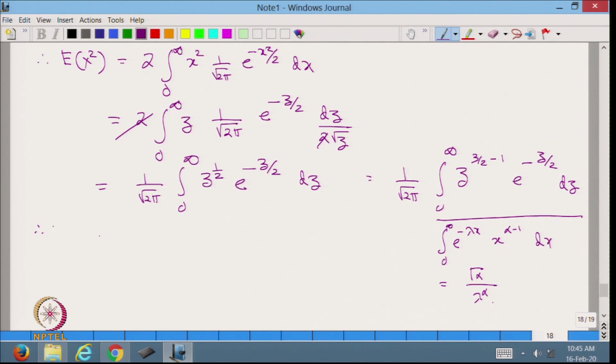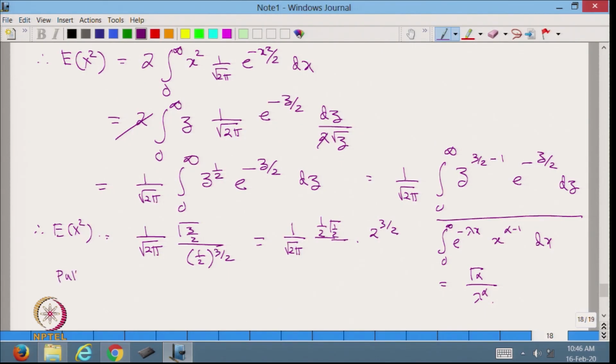Therefore, this expectation of x square is equal to 1 over root over 2 pi gamma 3 by 2 divided by half to the power 3 by 2, is equal to 1 over root over 2 pi gamma 3 by 2, we write it as half gamma half, multiplied by 2 to the power 3 by 2.